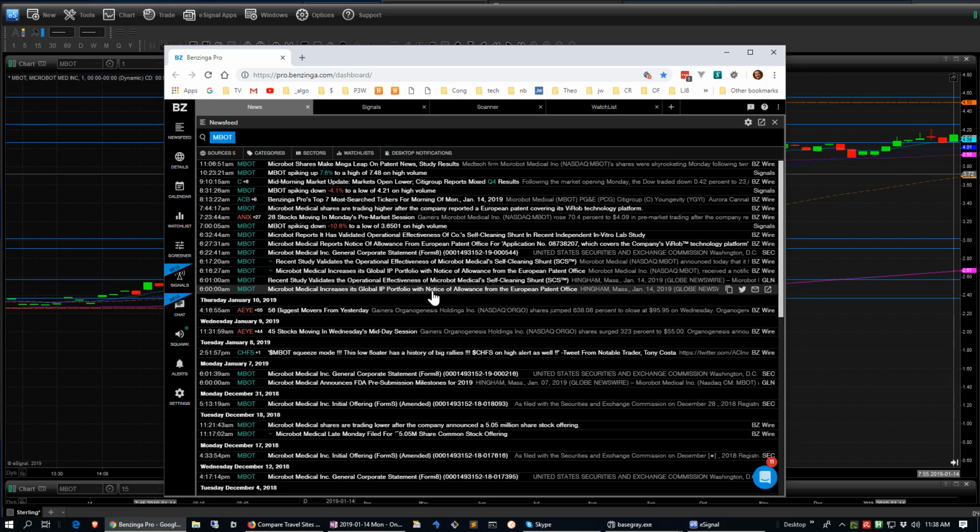So we have that portfolio patent notice, and you're watching. Interesting. Spike down, yeah. Shares are trading higher. That's a bit after the fact. Stocks moving in pre-market.